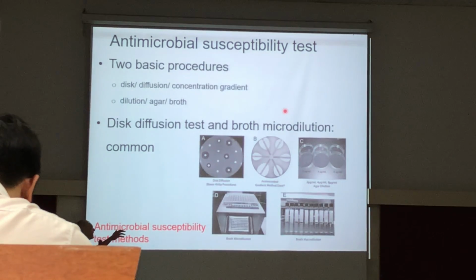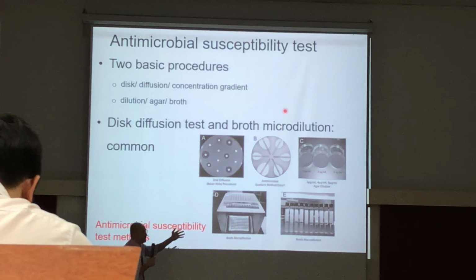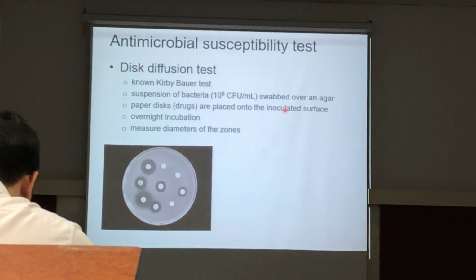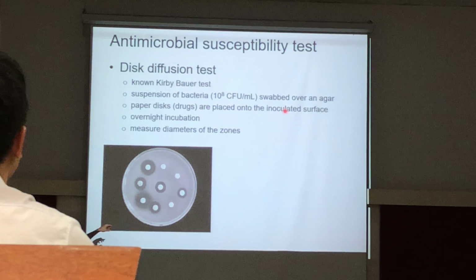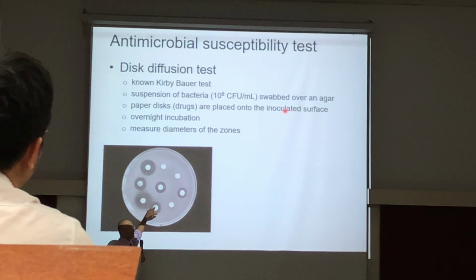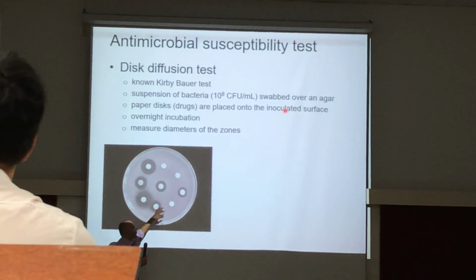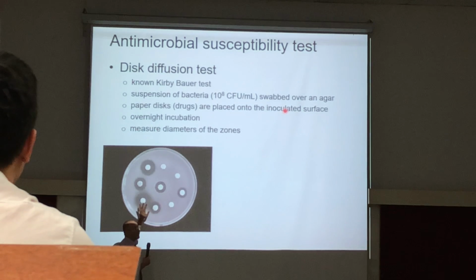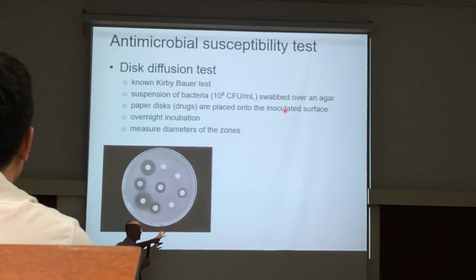There are also other kinds of easy tests that can be quantitative or semi-quantitative. For example, look at this. This is the Kirby-Bauer test. Each of these small discs has an antibiotic inside. It can be different concentrations, different antibiotics. And in this Petri dish, you have bacteria spread everywhere.